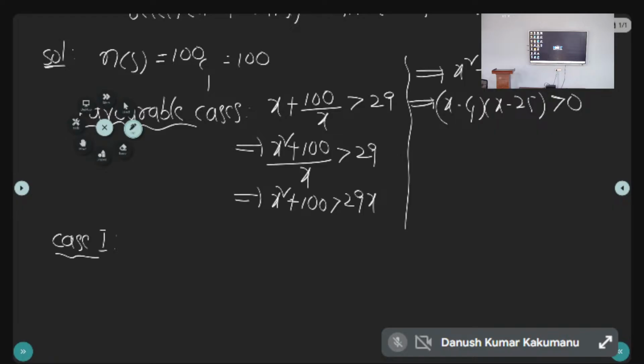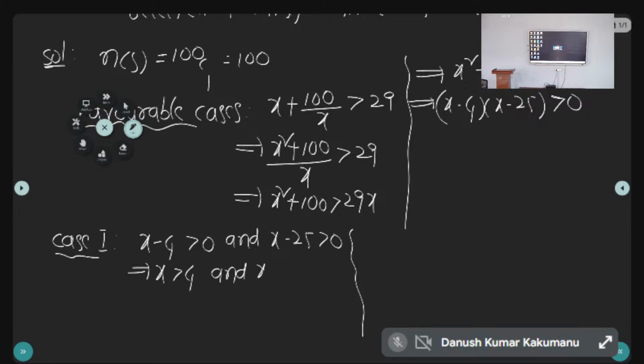Case 1: x minus 4 greater than 0 and x minus 25 greater than 0. Say this. x minus 4 greater than 0 means x greater than 4, and x greater than 25, or not.